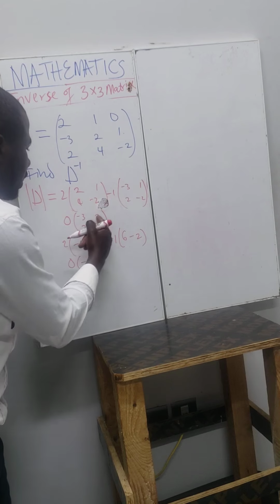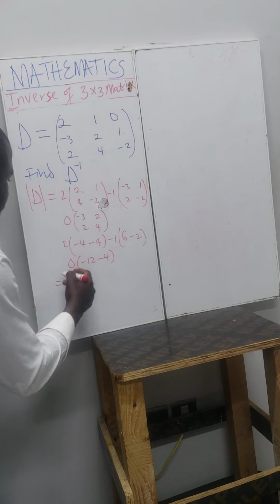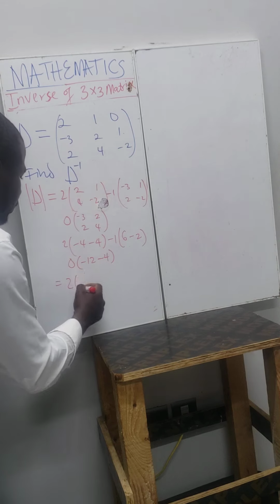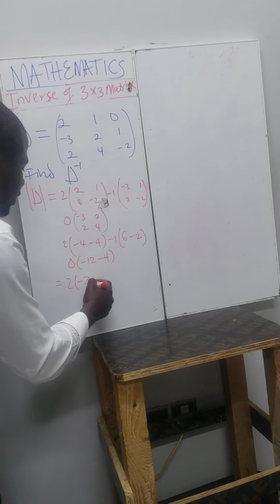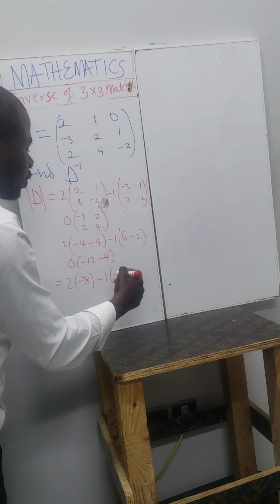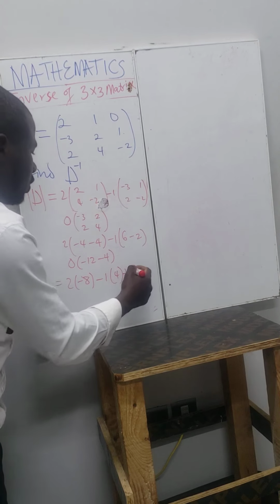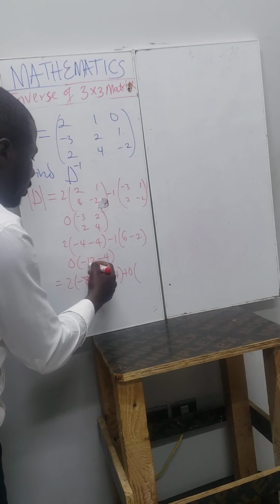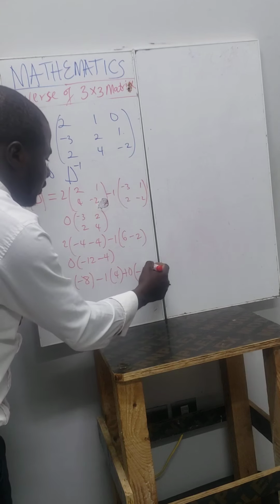Minus 2 times 2 is minus 4. Then we go on by saying we have 2 times minus 4 minus 4, that is minus 8. Minus 1 times 6 minus 2, that is 4. Then plus 0 times minus 12 minus 4, that is minus 16.